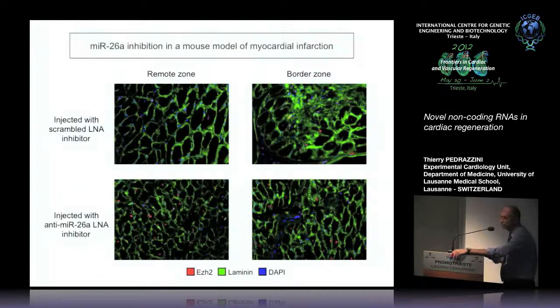Now, if you look at the ICGEB expression by immunostaining, what you see is that it's not very much expressed in animals injected with a scramble inhibitor. If anything, it is expressed in dividing non-myocyte cells. But when you inject the inhibitor, you have very much upregulation of this protein, particularly in cardiomyocytes.